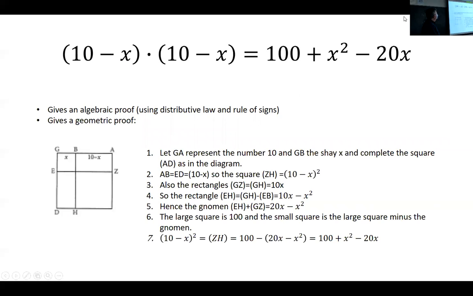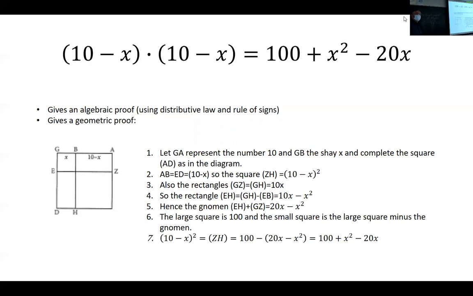So here's something. 10 minus x times 10 minus x is 100 plus x squared minus 20x. Okay, nothing too outrageous there. So Abu Kamel gave two proofs of this. He gave an algebraic proof, which was just multiply it out using the rule of signs, gathering like terms together, and you would get the answer.